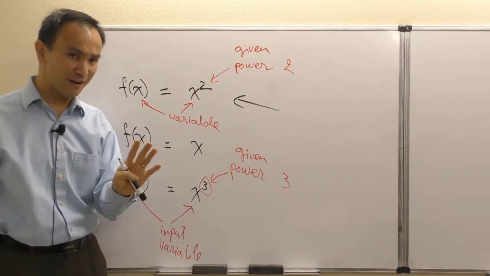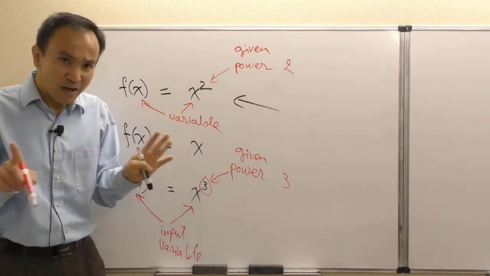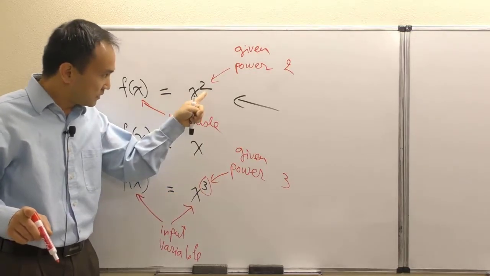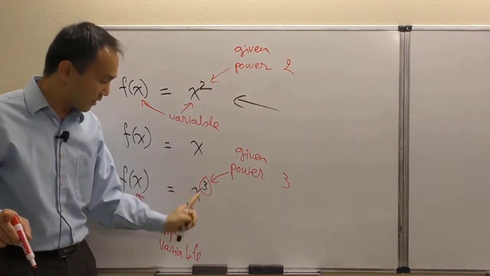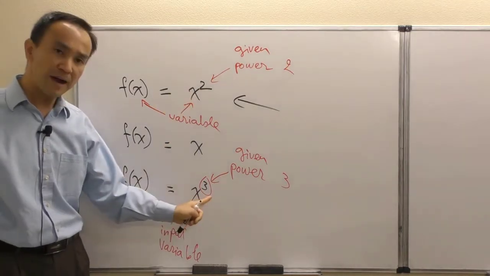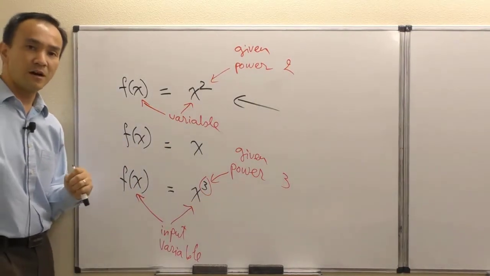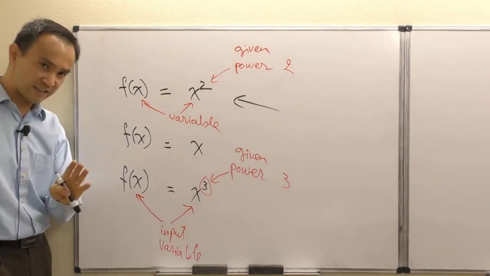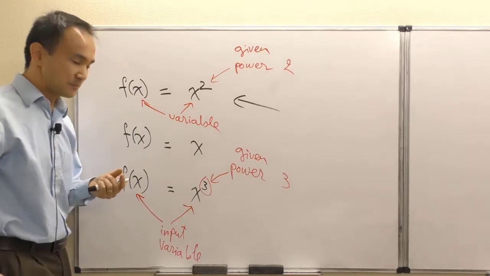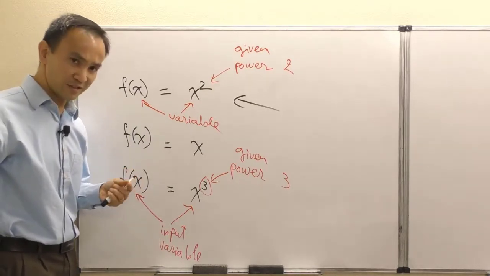It sounds like a biologist, but you see it has body parts. The input variable is here, and then we raise it to this square power, or power 2. We raise this to power 3 right here. So it's the inputs being raised to a power. Two of these functions already have that common characteristic, or common anatomy.